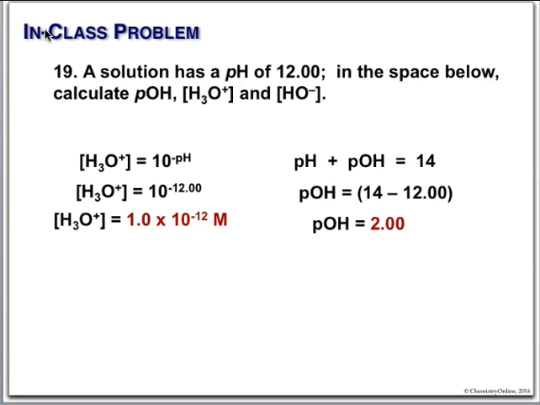And finally, if we know pOH and we want hydroxide concentration, what is our hydroxide? It's 10 to the minus pOH, just like this, except different, of course. So we substitute for our pOH, that's 2.